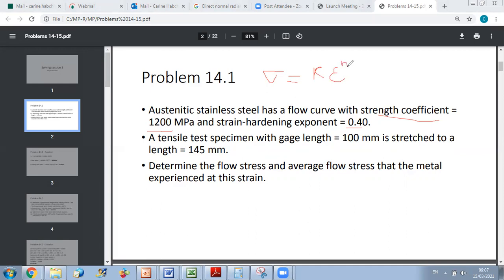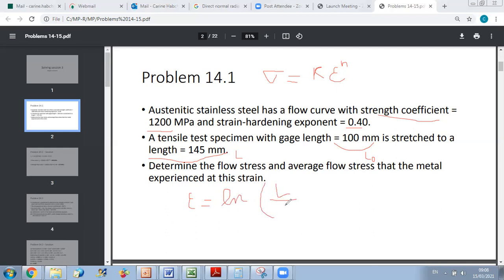Okay. Now, a tensile test specimen with gauge length of 100 millimeter is stretched to a length of 145 millimeters. So this is L0, and this is L at the final state we reached. So at this state, the corresponding value of epsilon is calculated as ln of L over L0.